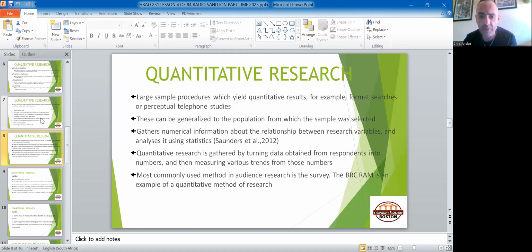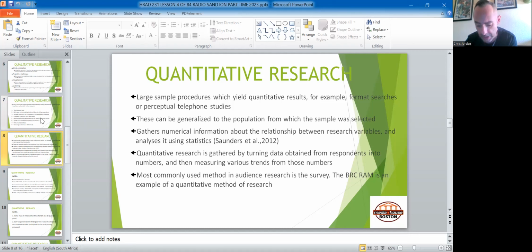Large sample procedures which yield quantitative results, for example, format searches or perceptual telephone studies. Quantity, again, we're saying we're counting stuff, accumulating, and so on and so forth, right? So these can be generalized to the population from which the sample was selected.